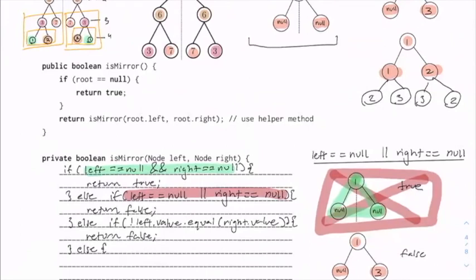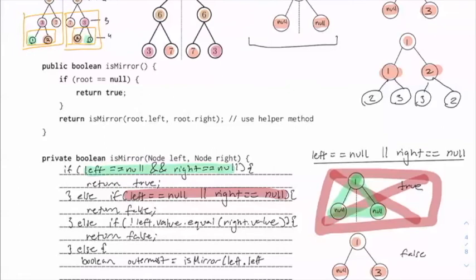So what we have to do is check the outermost and the innermost children. So maybe what we can do is just check Boolean outermost equals isMirror(left.left, right.right).